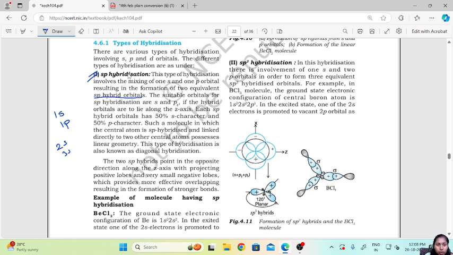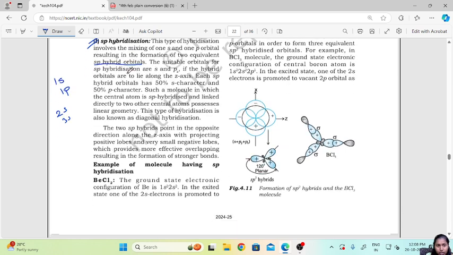Now, the suitable orbitals for sp hybridization are s and pz. As you know, p orbitals have three sections: px, py and pz. So when there is sp hybridization, it is always convenient to hybridize the pz orbital, that is the last orbital of the p block.